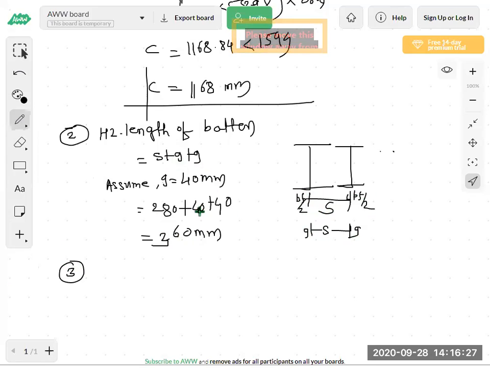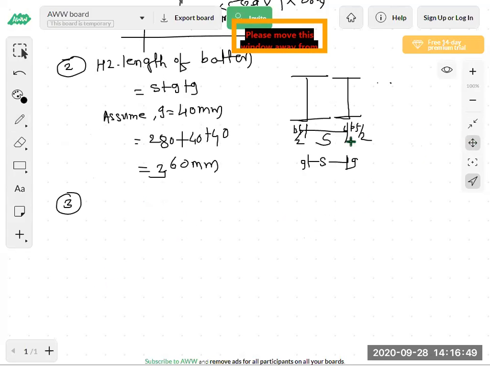We can assume g value in between 40 to 50 mm. Here we have assumed the value of g is 40 mm. So for both sides, 40 mm and 40 mm. So 280 plus 40 plus 40, 360 mm is the total horizontal length of the batten.